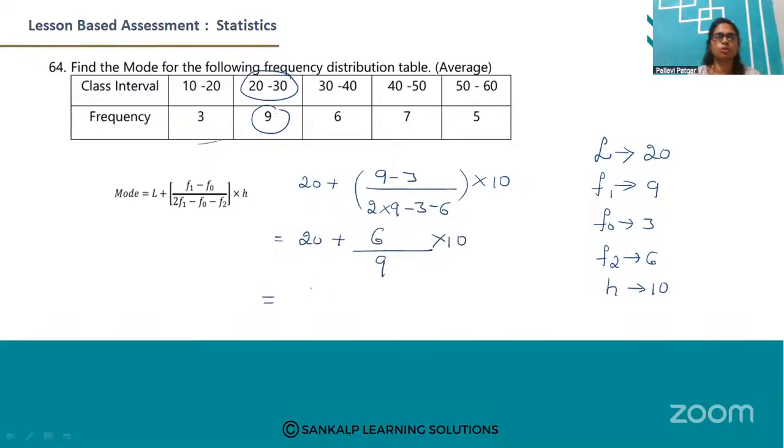So this is equal to 20 plus 60 divided by 9, which is 6.67. So this is equal to 26.67. Therefore, the mode for the given frequency distribution table is approximately 26.67.